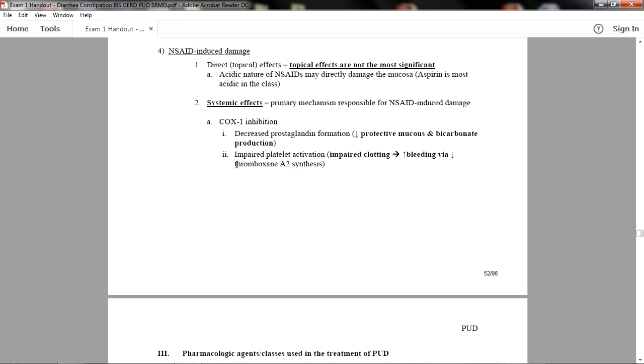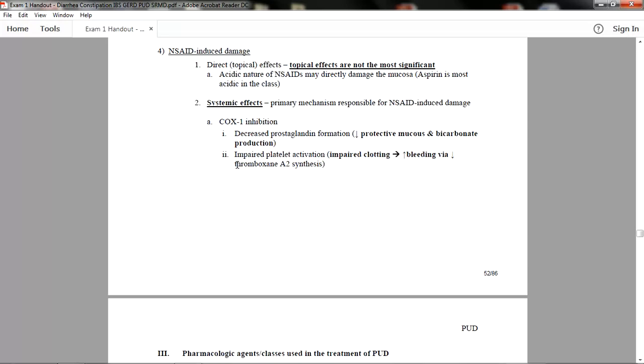And I use NSAIDs quite often, and a lot of people can do that and be fine for the most part. But some people do get a sensitivity in the sense that they form an ulcer more easily than others, and the problem is if you do form an ulcer and you're on an NSAID that caused the ulcer, or you're on an NSAID and somehow you have an ulcer from another reason, if it bleeds, the problem is NSAIDs are actually anticoagulants.